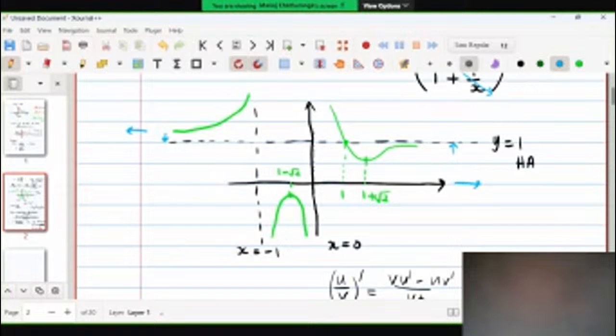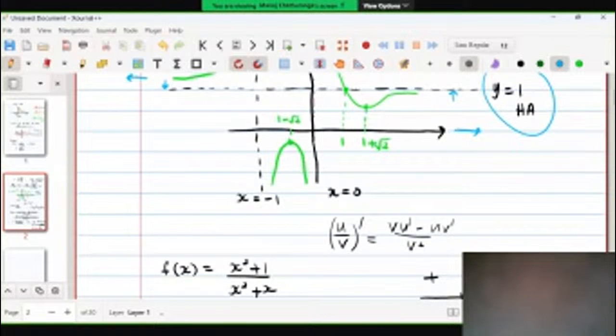So the horizontal asymptote is a kind of important feature for this function, for this graph. Even though I stopped here, I encourage you to go through this computation once again after the class and see whether you can complete it.